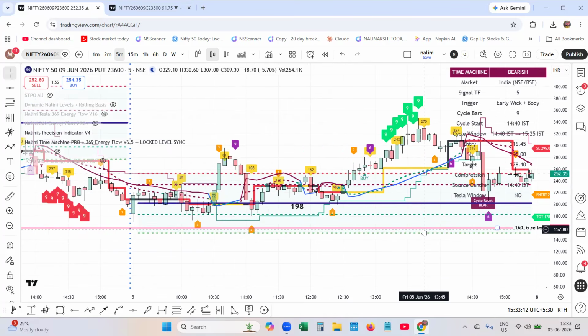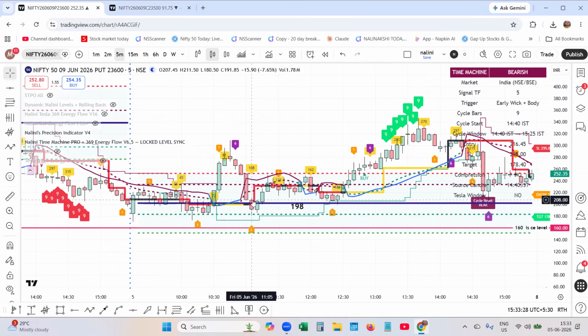So if the put option starts going below 160, then call will dominate. Call will dominate, and we cannot say morning time.